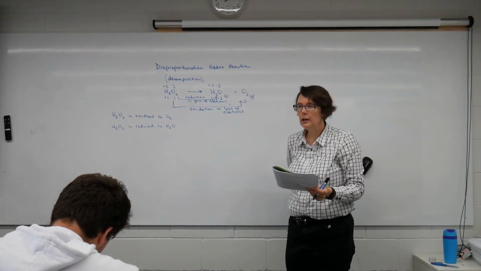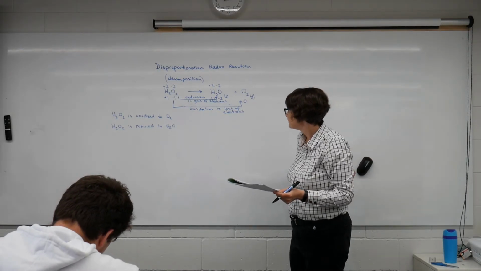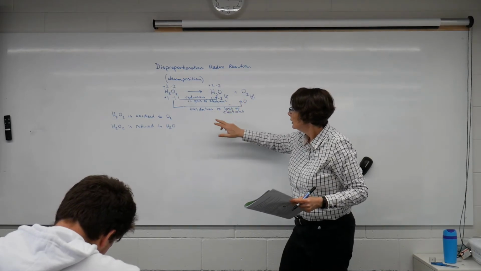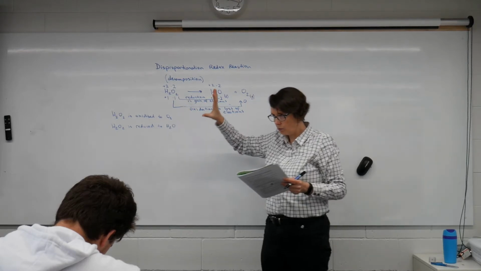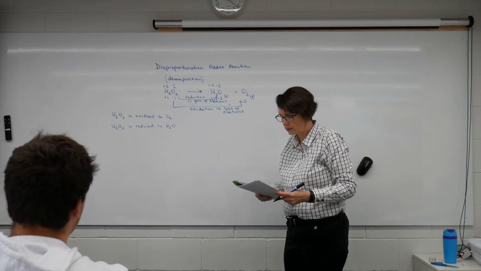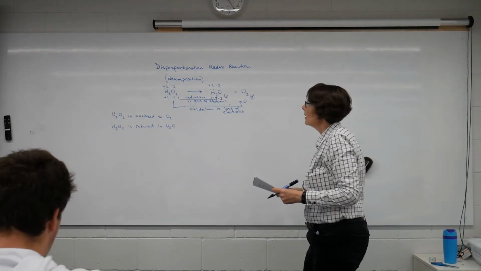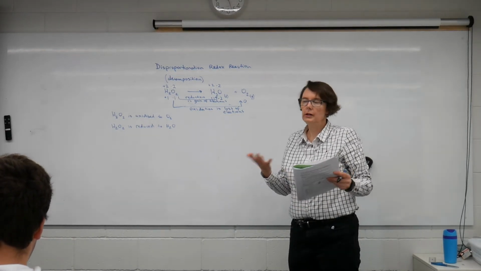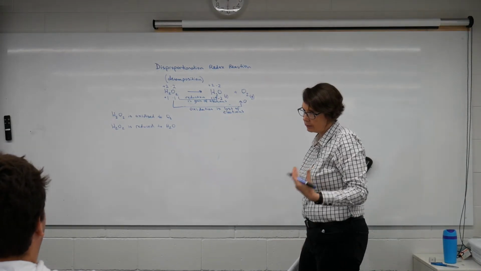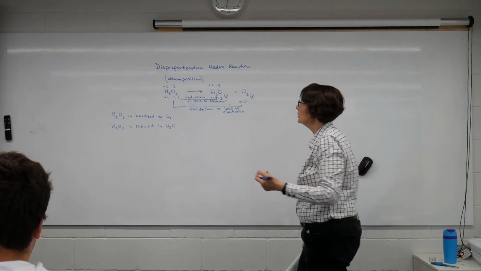That we can see that this is redox, definitely redox, but because we only have the one species, it's given this special name of disproportionation. And there are a couple of these kinds of reactions. It's important that you start picking up and remembering these words.